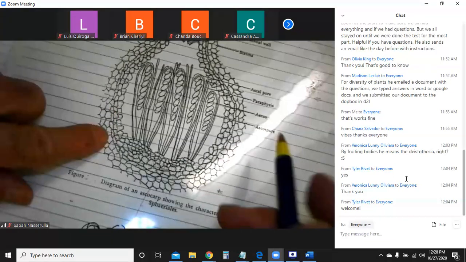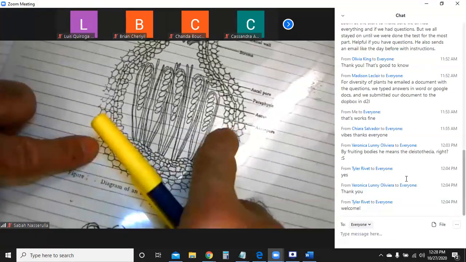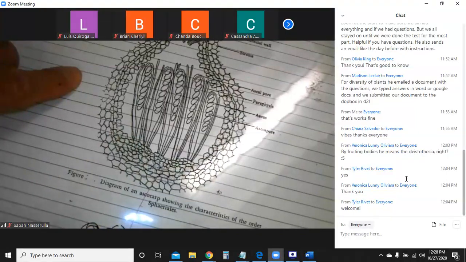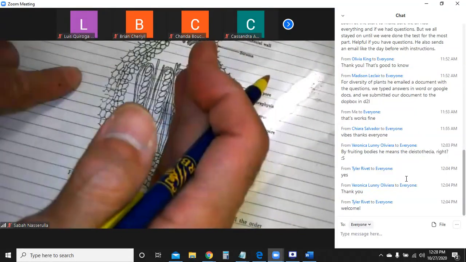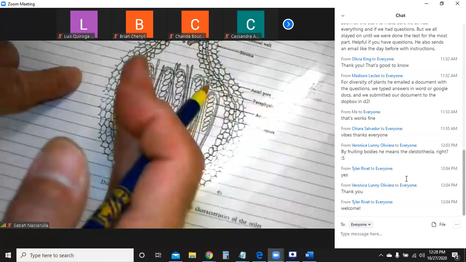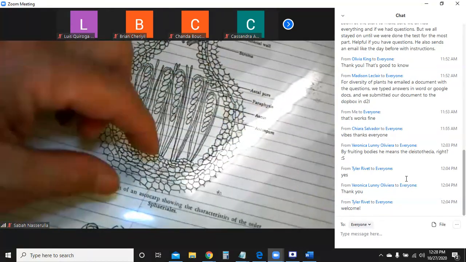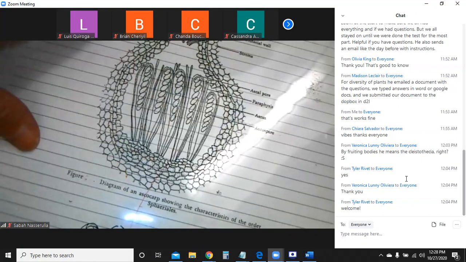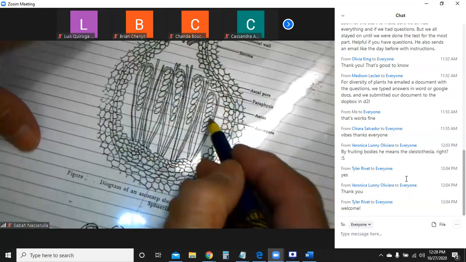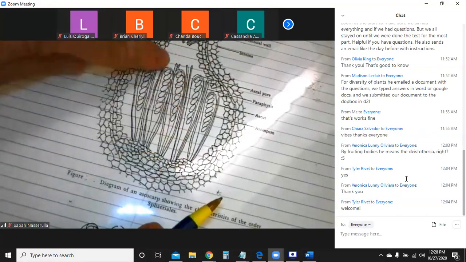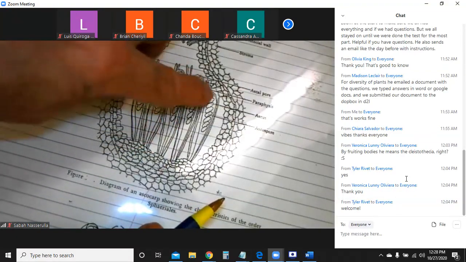Sometimes if we have a layer like this, and the asci are all in one layer, it becomes like a hymenium, or if it's thick, we call it stroma. Here you have the ascus, and these are the ascospores, and these are the sterile hyphae between the asci, known as paraphyses.